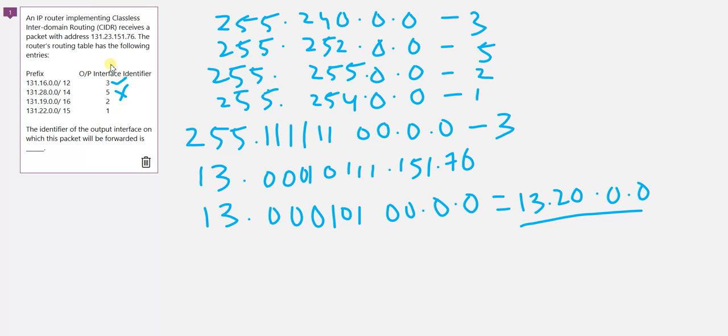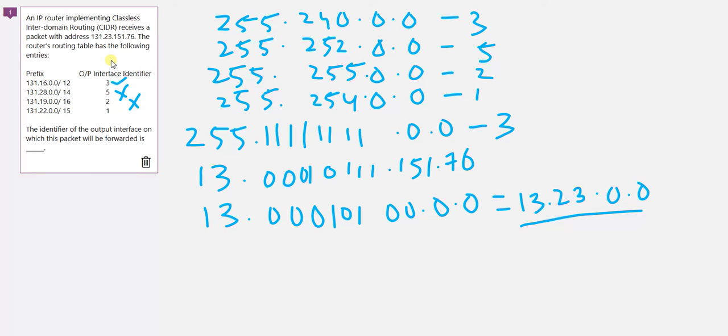Next, interface 2. The second byte of its subnet mask is 255, all ones, so the result after ANDing is the second byte of the IP address itself, 23. The network ID is 131.23.0.0, but the given network ID is different, so this is not matched.